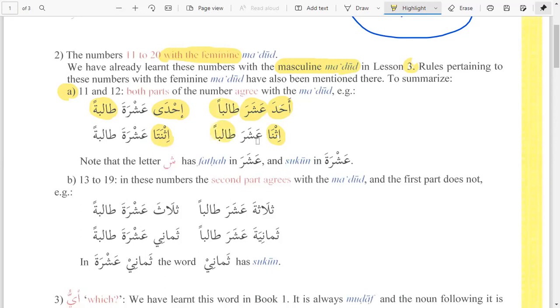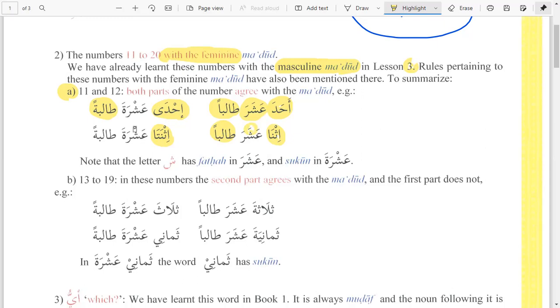And isna ashara is the number, which we call adad. Ihda ashara, isnata ashara, this is also a number. Note that the sheen has fatha in ashara, and sukoon in ashrata.